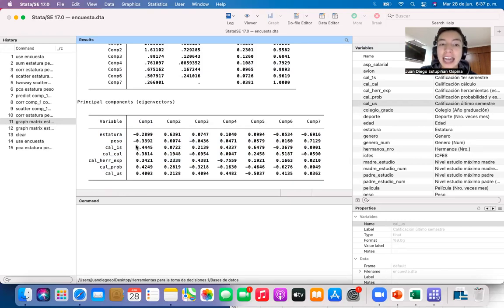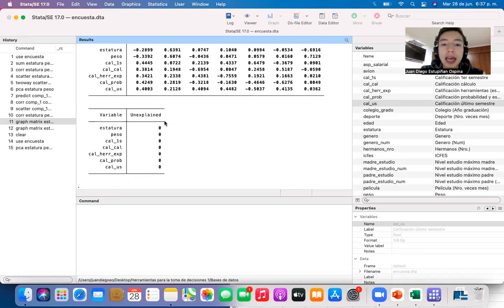This is because the eigenvectors for this component are not only positive, but higher than those eigenvectors from the height and weight of the respondents. Nevertheless, in the second component, the eigenvector is higher for the height and weight, but not for the variables related with the grades. So while the first component represents the variables related with grades, the second component is representing the information about the height and weight of the respondents.